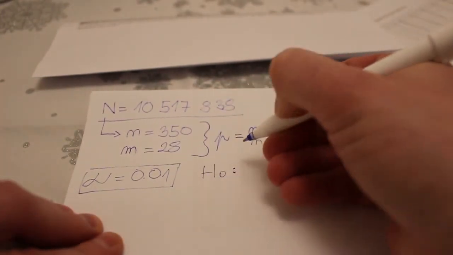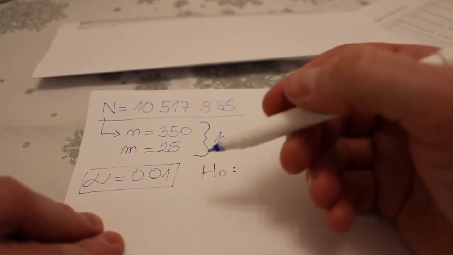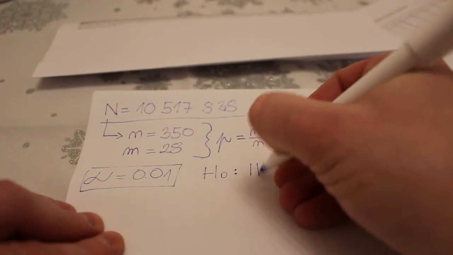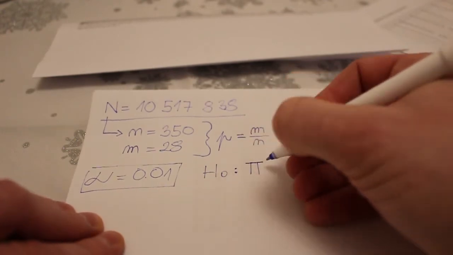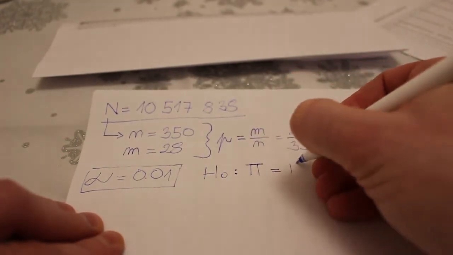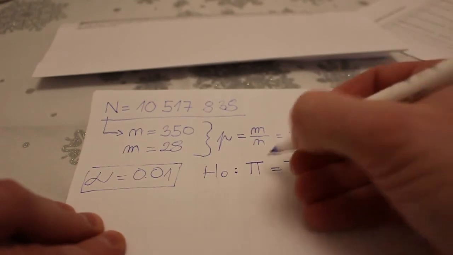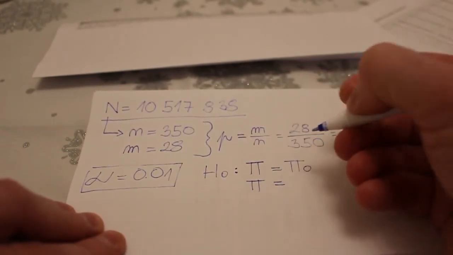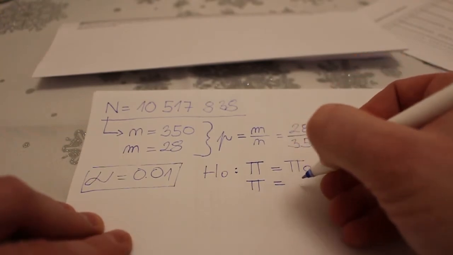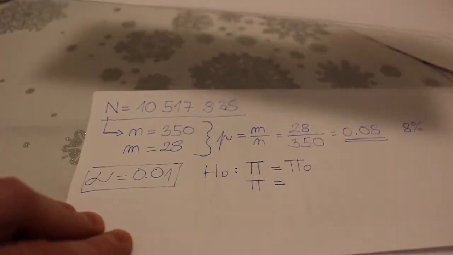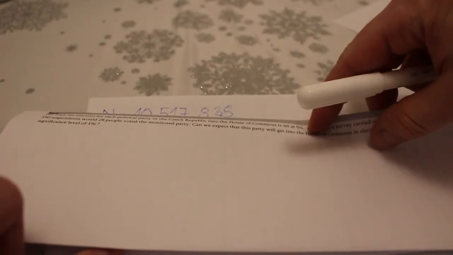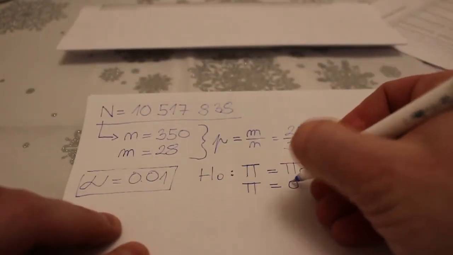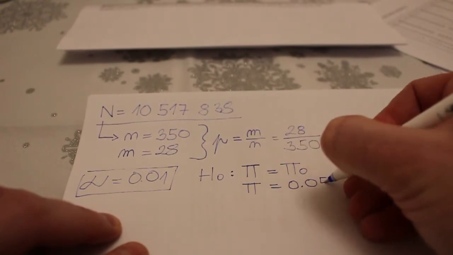You know that the zero hypothesis, everything climbs something. In our situation, we can say that P is equal to P0, that the proportion of voters will be equal to this limit, 5%, the minimum limit in the Czech Republic, 0.05.